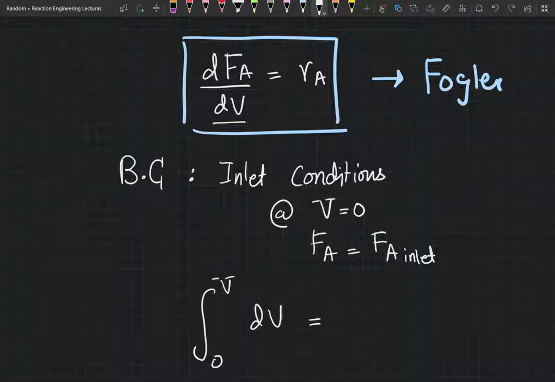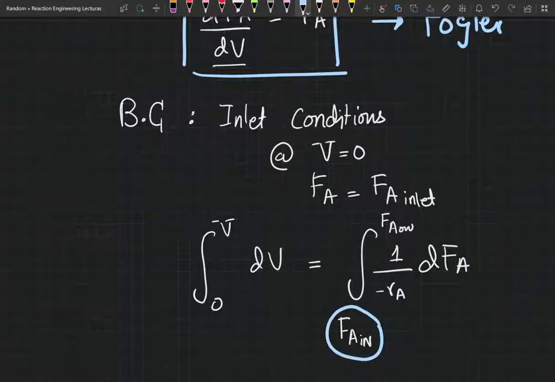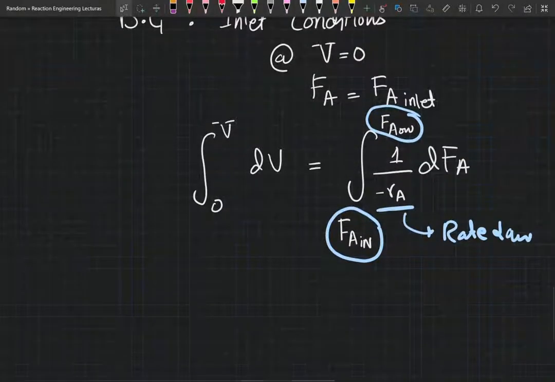If you want to go from a certain inlet molar flow rate to a certain desired outlet flow rate, you need to know the rate law. Once you have the rate law, integrating this expression is just a Calc 2 problem.